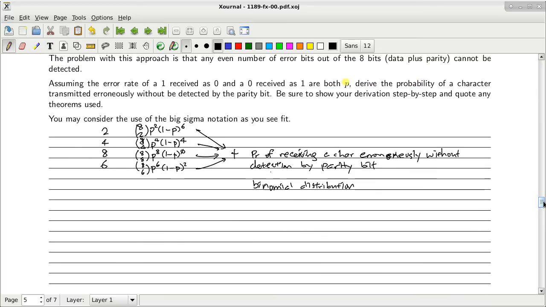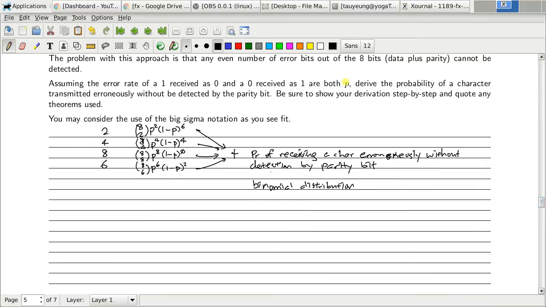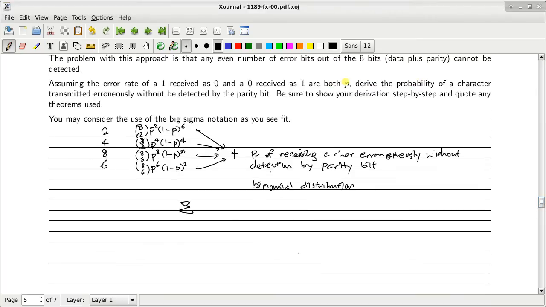The alternative answer, if you want to express the whole thing in a more closed form, is to have a summation where i is an element of 2, 4, 6, 8, and each term is 8 choose i, p to the power of i, times 1 minus p, the whole thing to the power of 8 minus i. So that will work as well.